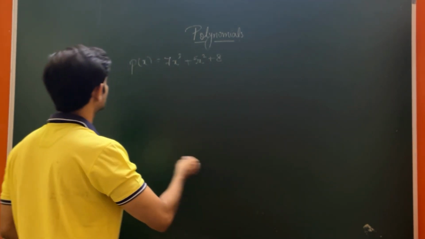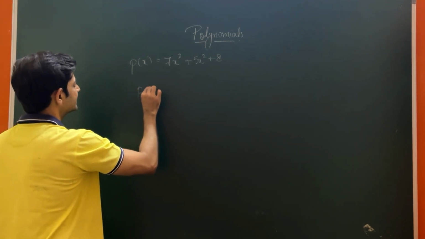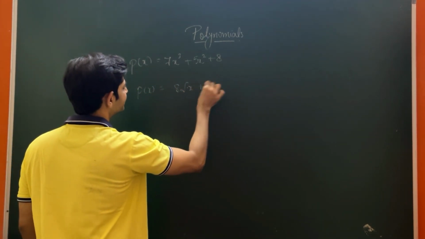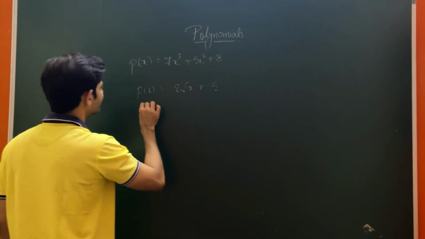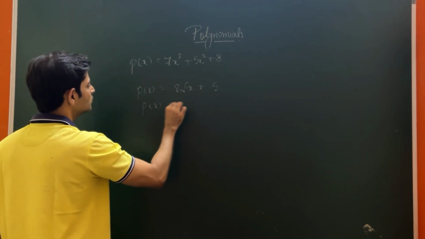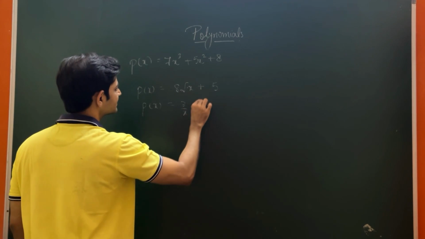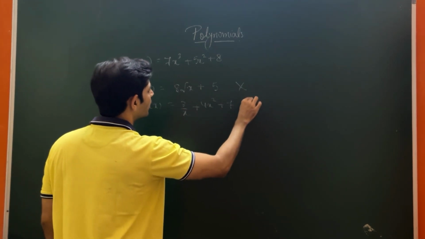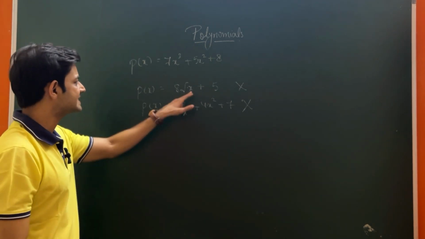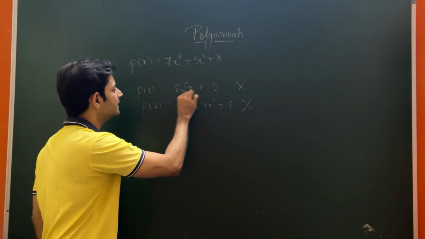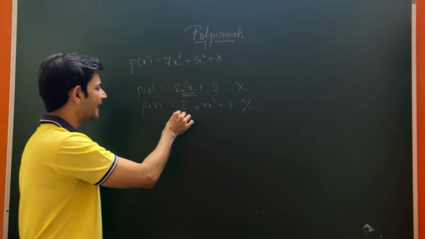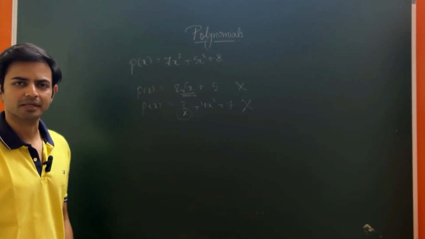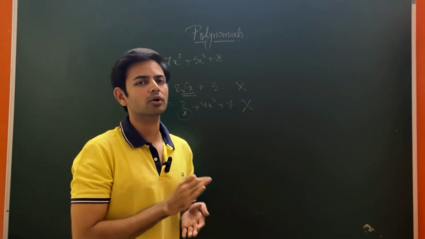For example, if I have something like p of x is equal to 8 root x plus 5, or if I have p of x is equal to 3 upon x plus 4x square plus 7. So both of them are not polynomials, because in this case the variable is in a root and in this case the variable is in a fraction or denominator. So these two are not polynomials.